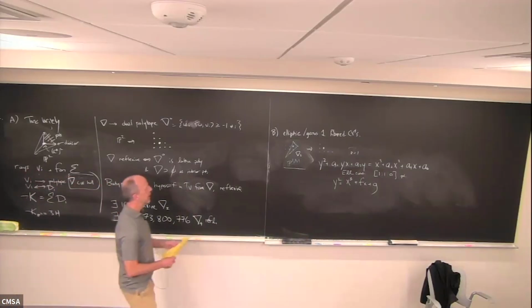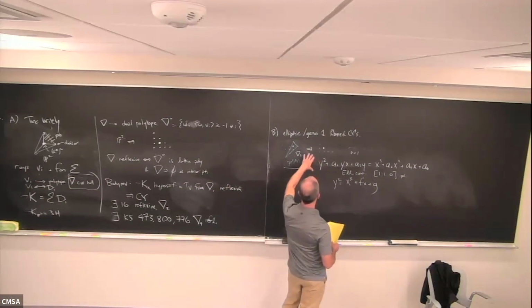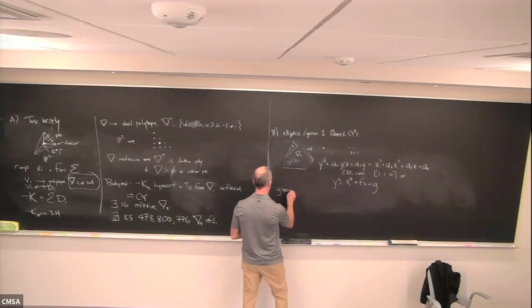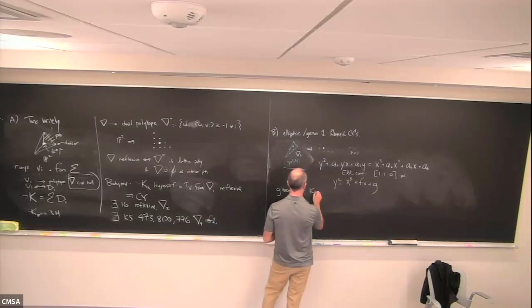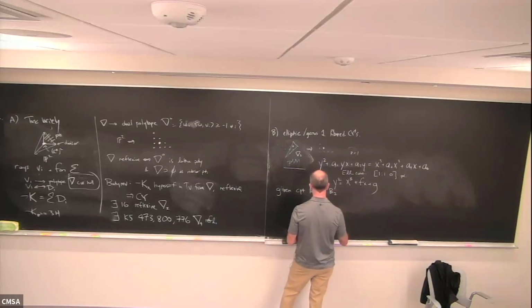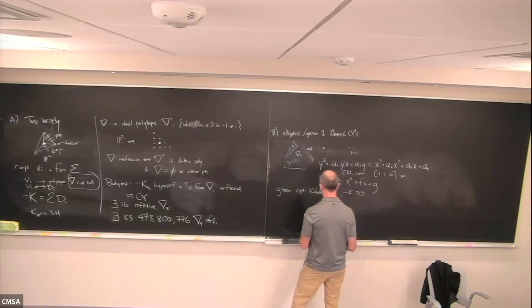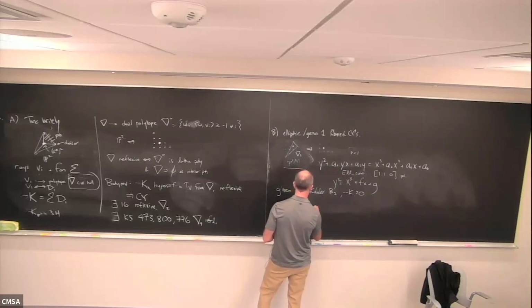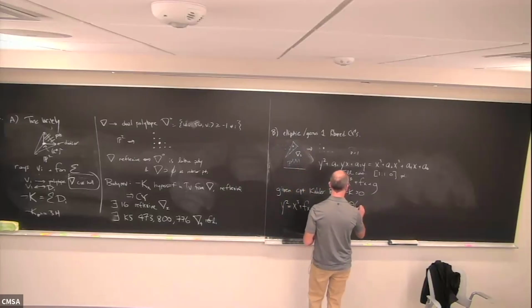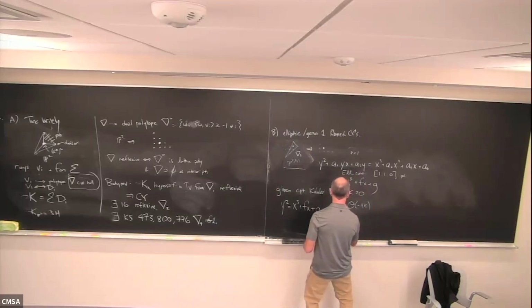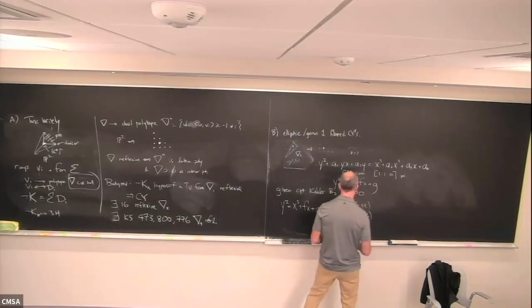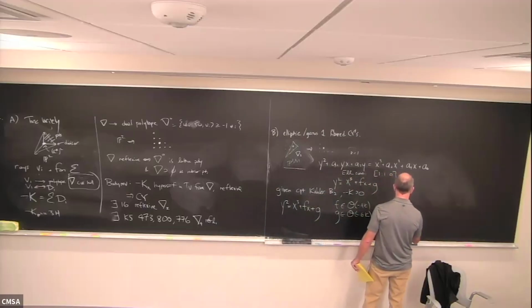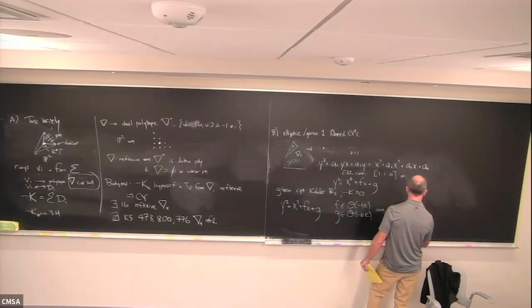Okay, now let's do something slightly more fancy, which is take this elliptic curve and fiber it over some base. So given a compact complex base B2 with a positive anticanonical class, if we write y squared equals x cubed plus fx plus g, where f is a section of O of minus 4K and g is a section of O of minus 6K, then this is actually an elliptically fibered Calabi-Yau threefold on the base B2, right?